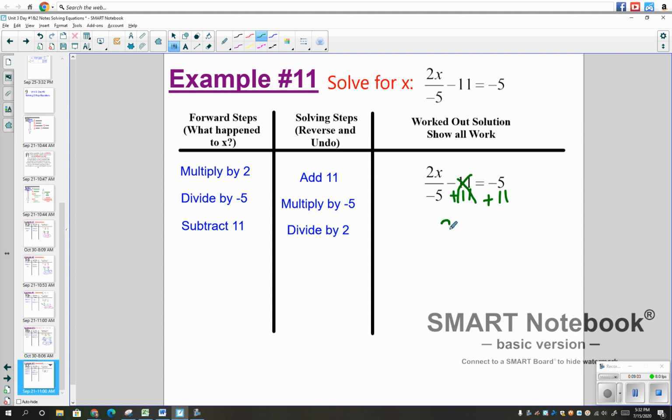I have 2x divided by negative 5 equals negative 5 plus 11, which is 6. Multiply by negative 5. The negative 5's cancel out. So I'm going to take 6, multiply by negative 5. 2x equals negative 30.